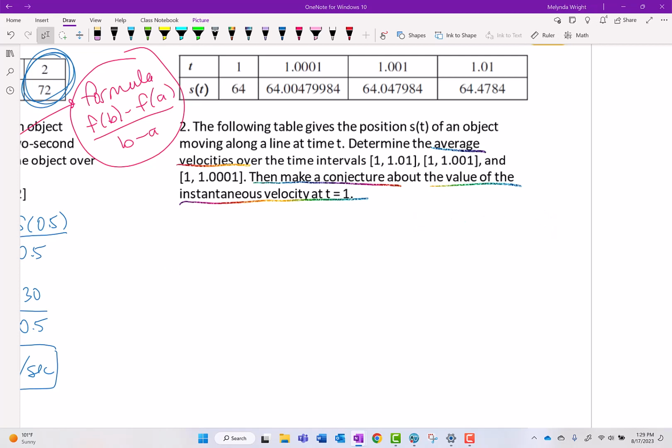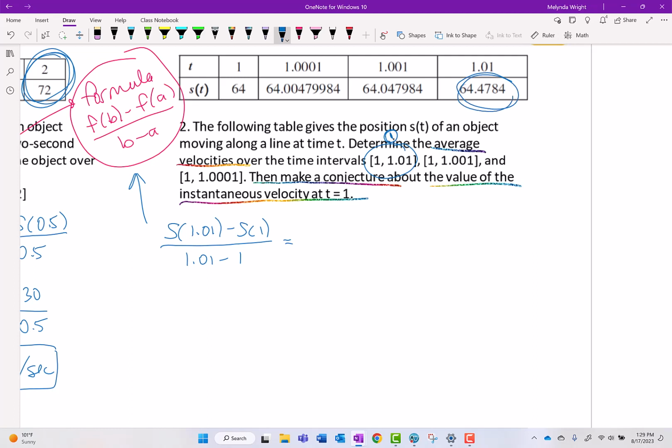Okay, so same formula as up here. Let's do this one first. This is our first one, number 1. So we have S of 1.01 minus S of 1 over 1.01 minus 1. I'm just going to pull the numbers off of my table.